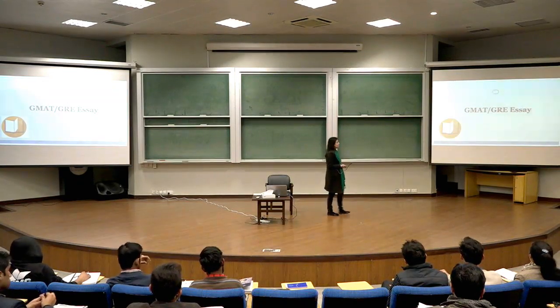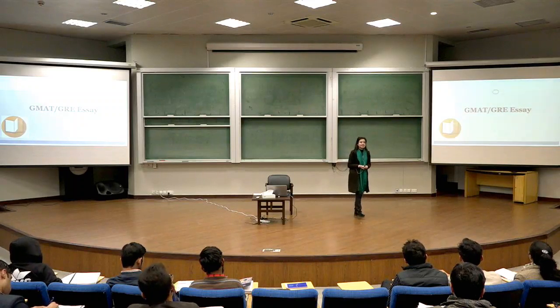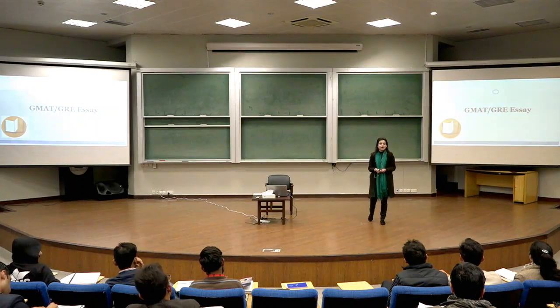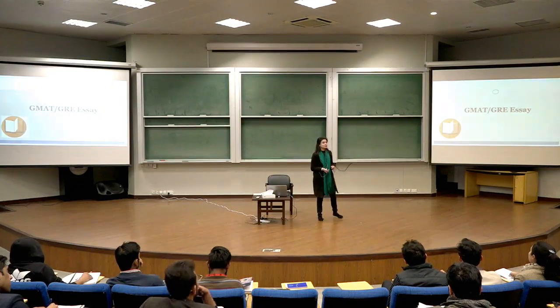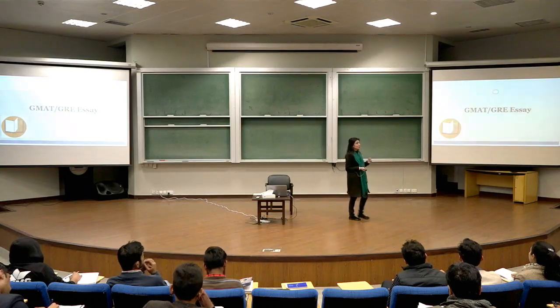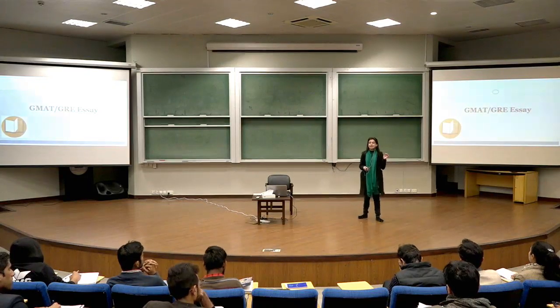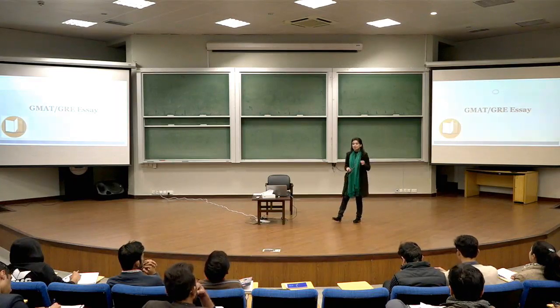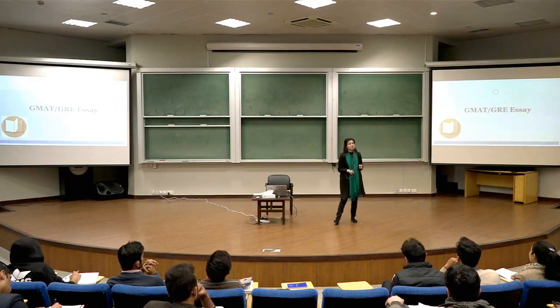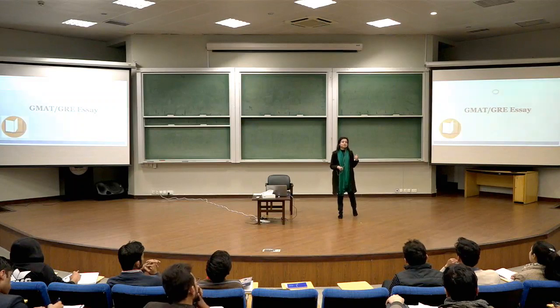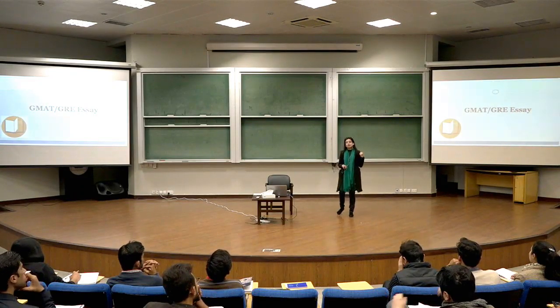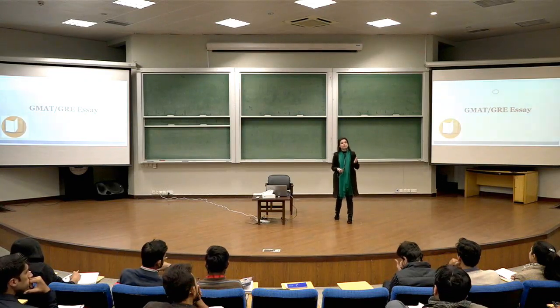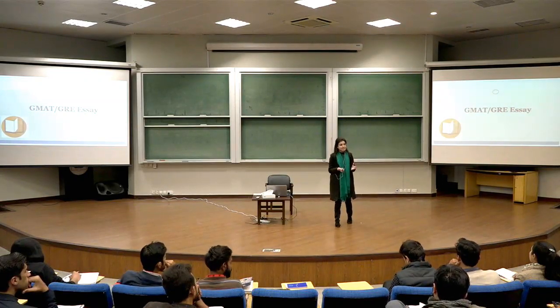This session is going to be about the analytical writing section of the GMAT and GRE. You all are aware of the fact that every aptitude test tests you on your writing skills. And it's not just about your grammatical skills and your vocabulary, but also about how well you're able to articulate your thoughts, your choice of words when you're forming sentences.